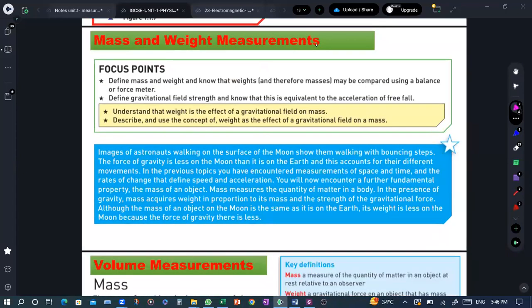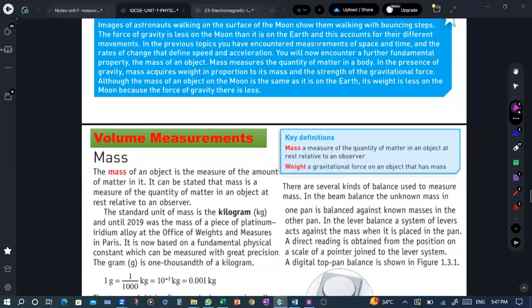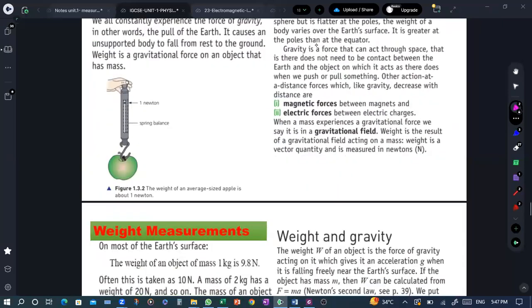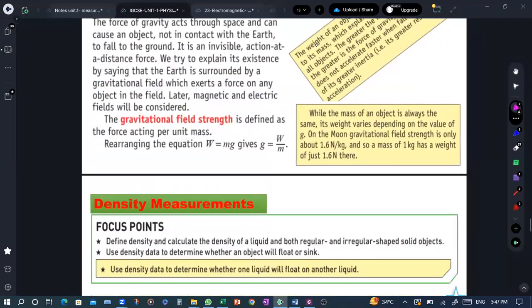Then mass, weight, and density, which is the next chapter, but I have added it to measurements because it is all related: volume measurements, mass measurements, weight measurements, and all that.